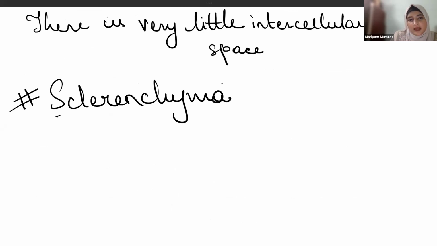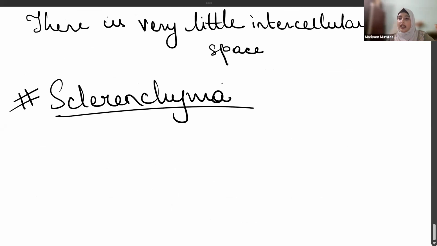It is the third type of simple permanent tissue. Just as collenchyma was there to make the plant flexible, sclerenchyma is there to make the plant hard and stiff. It does not promote flexibility, rather it makes the plant stiff. Understood? It makes the plant rigid.